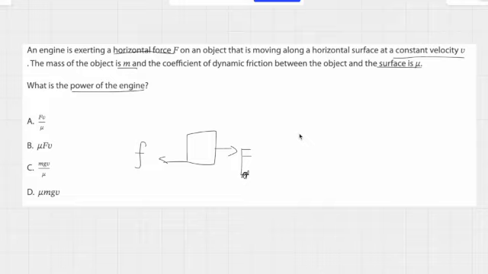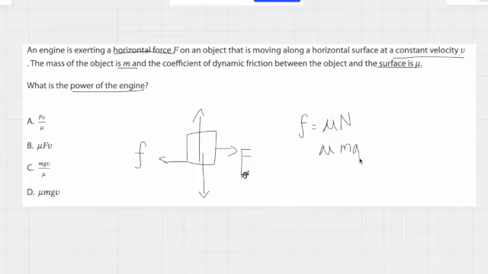So let's try that. We know that friction is equal to mu, the coefficient of friction, times the normal force. And because this is horizontal, the normal force here is an equal and opposite force by Newton's third law to the weight of this object. So that means the normal force is just the same as mg.